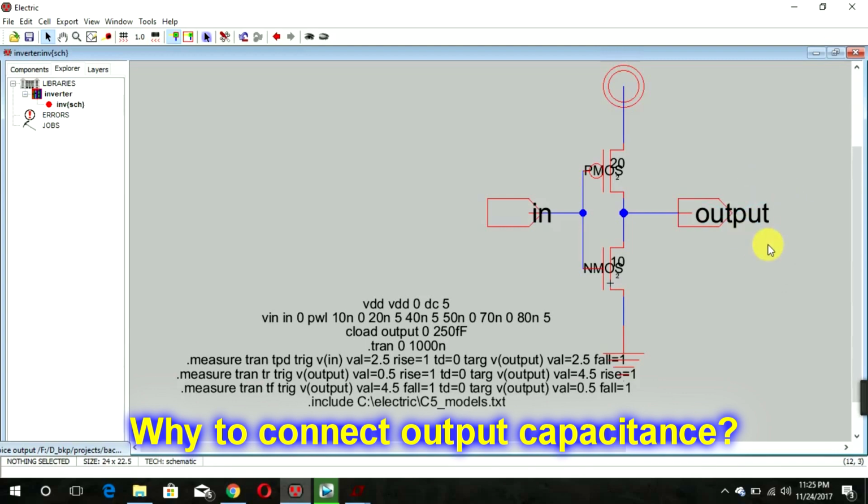Each and every device has input capacitance. Why do we have that? Because we put an oxide between the gate and the channel, and because of that oxide we get an input capacitance. We call it COX, oxide capacitance. It is that capacitance which we have represented over here as 250.